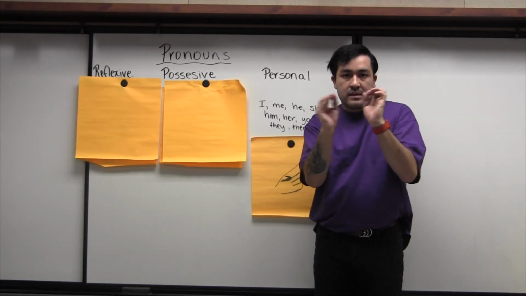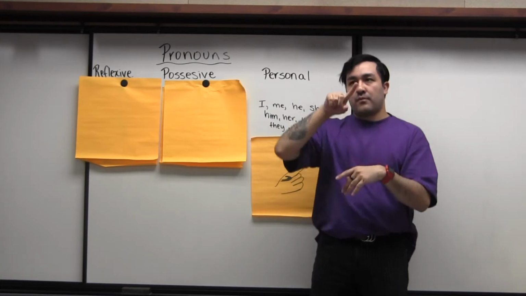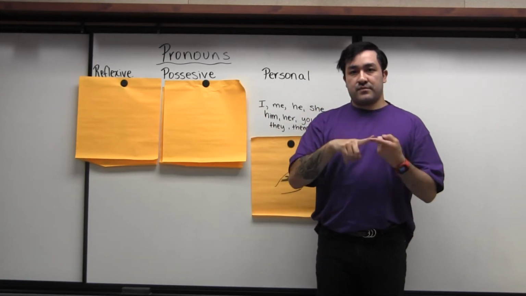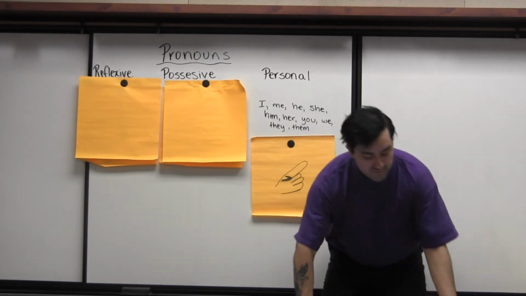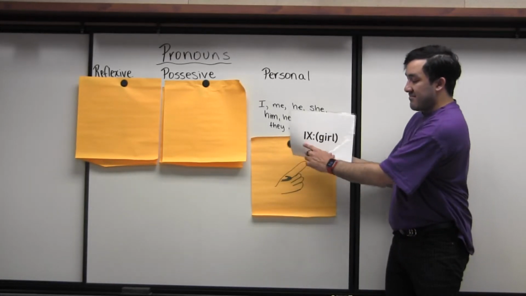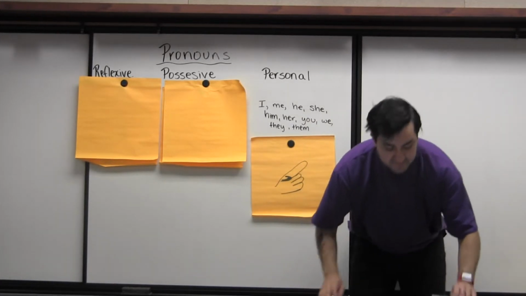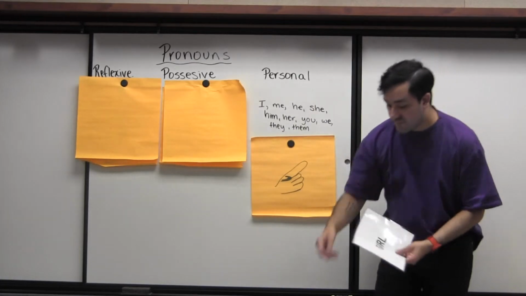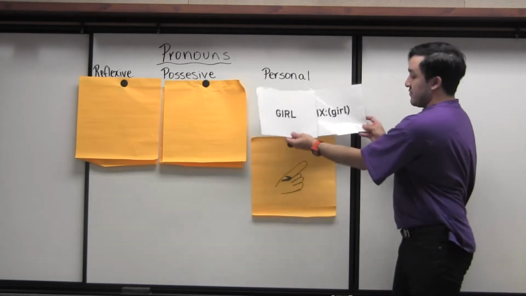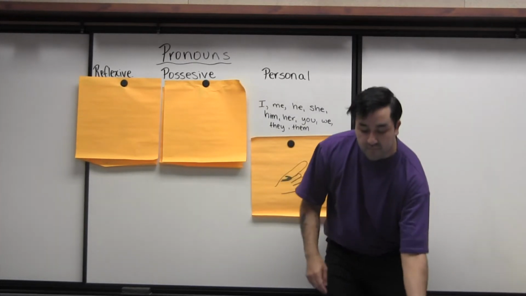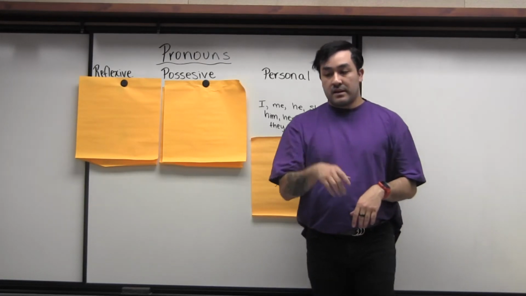So the point itself has no meaning. You have to add that meaning first so we understand what pronoun to apply. So again, the IX means nothing, so we have to say the girl. We have to sign girl first, so now we have the female pronoun she or her. So you need both of those.